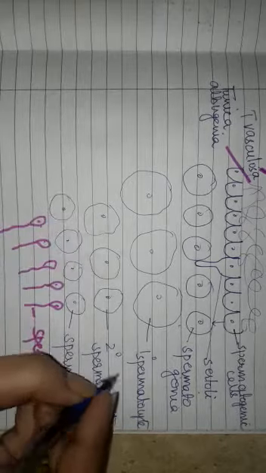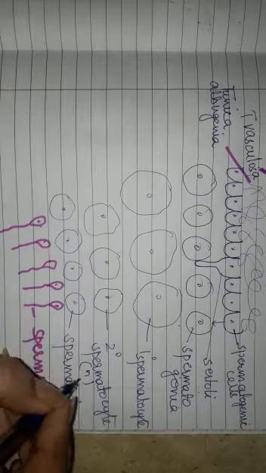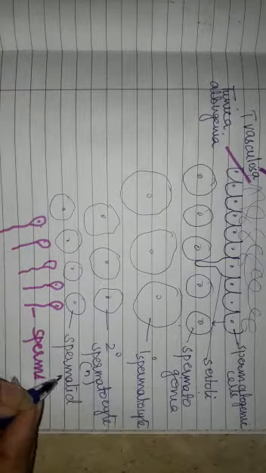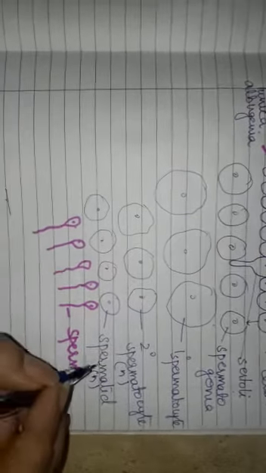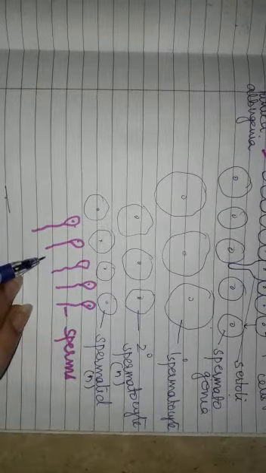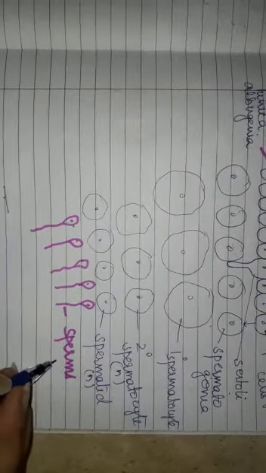After meiosis 1, they produce haploid secondary spermatocyte, और second meiotic division के बाद क्या बन गए? Spermatid. And these spermatid undergo the morphological and physiological changes and they convert into sperm. This is the TS of testis, or the various cells present in the seminiferous tubules, how they are formed.